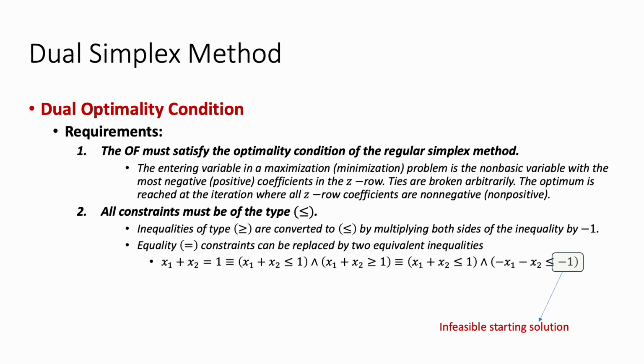It follows through the regular simplex iteration, and the optimum solution is reached at an iteration where all Z row coefficients are non-negative. Additionally, all constraints must be less-than-or-equal-to inequalities. So when the inequality is a greater-than inequality, we convert it to less-than by multiplying both sides by -1.